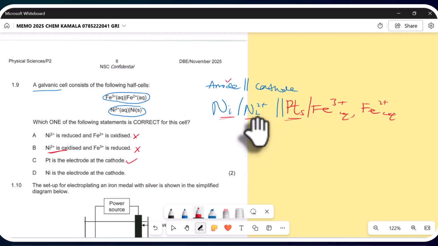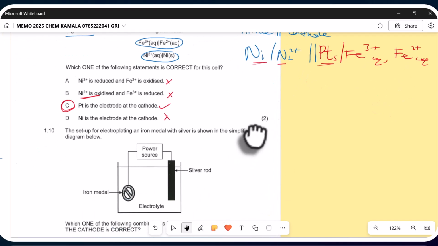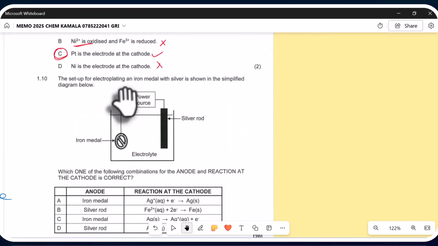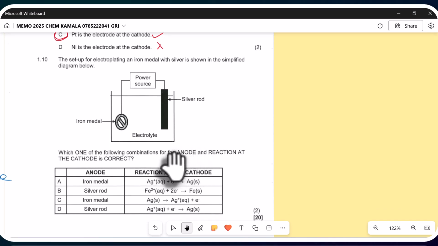Now from our theory, because we want to electroplate the iron metal with the silver rod, it means that the silver rod must be the anode. Why? Because it must be destroyed as it undergoes oxidation. We are going to destroy it from silver to give us silver ions plus an electron.